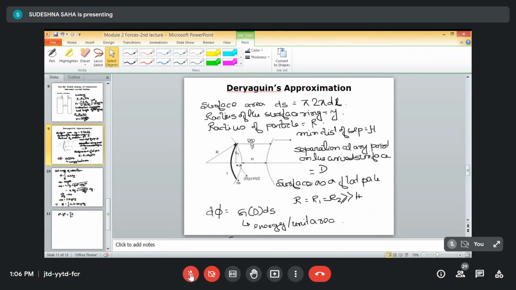Now d is a function of y. So how d is related to y, in order to know that, we are trying to get all these things, because we have to calculate the actual distance between this point and this point, this point and this point. That's why we are doing so much.